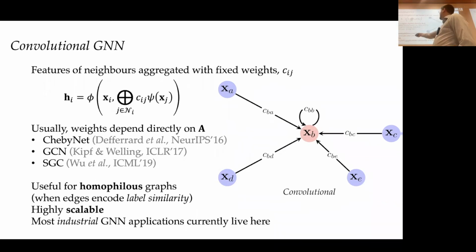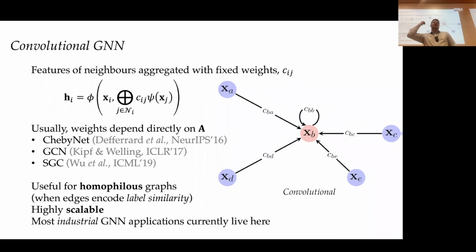The most popular, most cited graph neural network model there is nowadays, the graph convolutional network of Kipf and Welling, basically just takes a symmetric average of the two nodes. So c_ij is 1 divided by the square root of degree of node i times degree of node j, right? It's kind of a two-way version of an average. An average would be just 1 divided by the degree of the receiver.